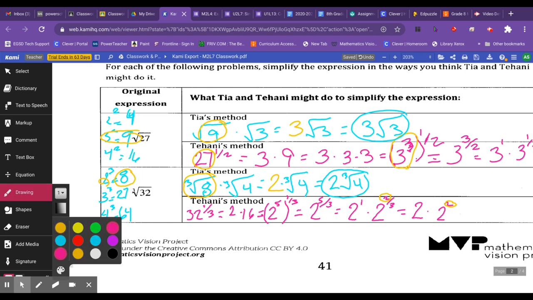And then I'm going to put it to the 3rd root, because 3 is my denominator. And that's my final answer. 2 times cubed root of 2 squared.